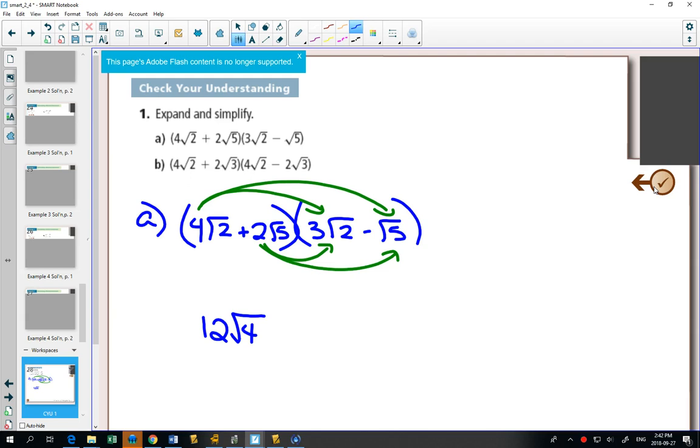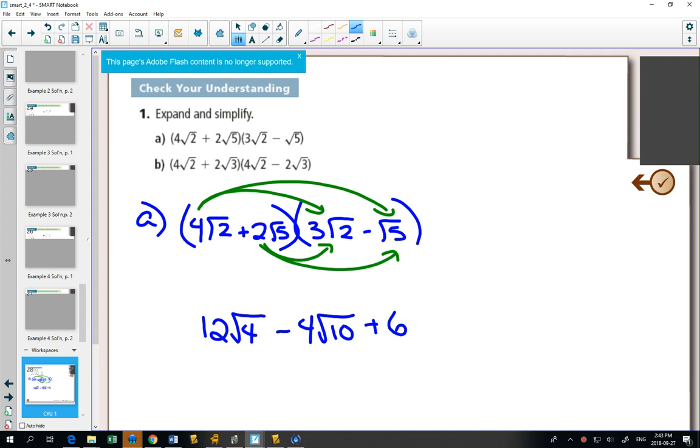On my outside one, I have 4 root 2 times a negative root 5. Well, 4 times a negative 1 would be negative 4. And my square roots, root 2 times root 5, root 10. On the inside, I have 2 root 5s multiplied by 3 root 2s. 2 times 3 will be 6.